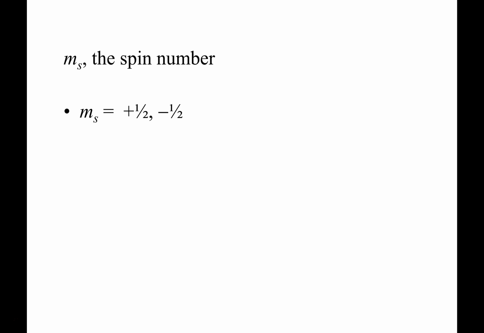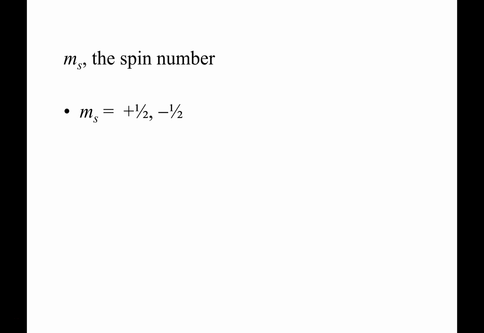Now, for that one electron right there, I could go ahead and give its address. When we give addresses in your homework and on the test, they look like this. You give the n value, you give the l value, you give the m sub l value, and then you give the m sub s value. These are in order of most general to most specific. So for that one electron right there, I could say its n is equal to 3.